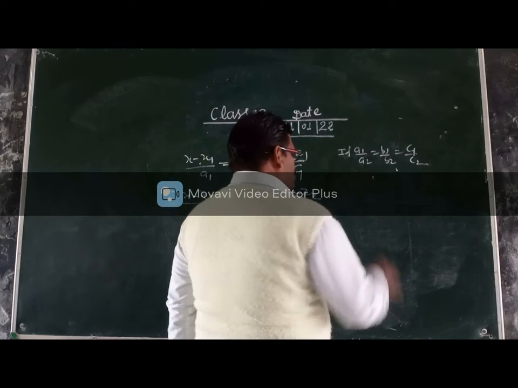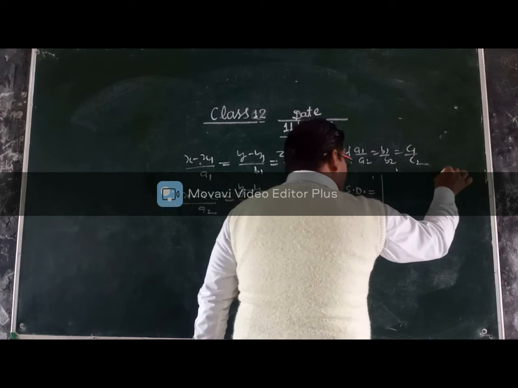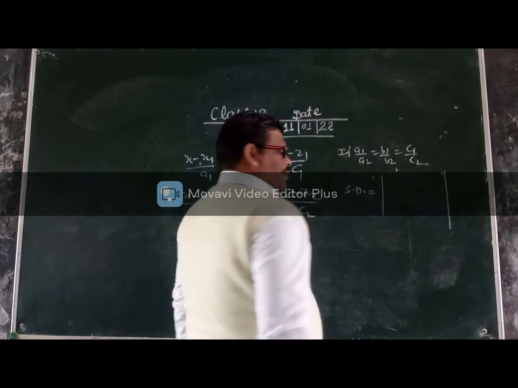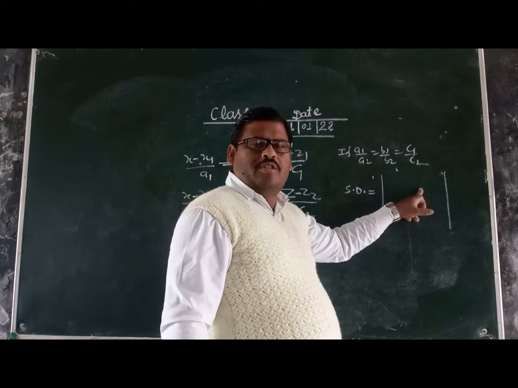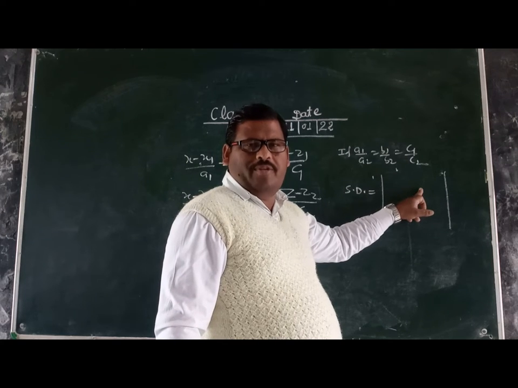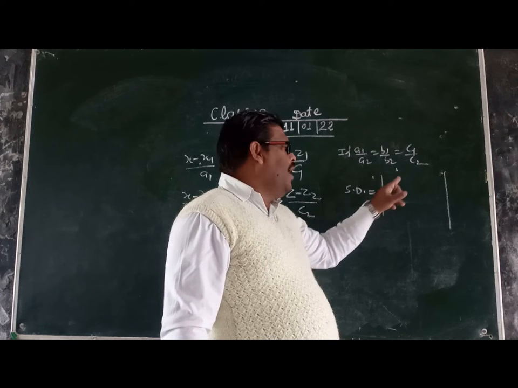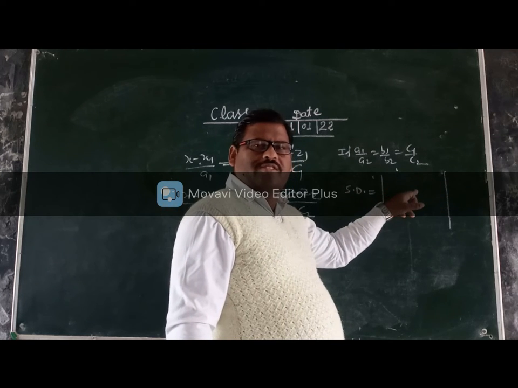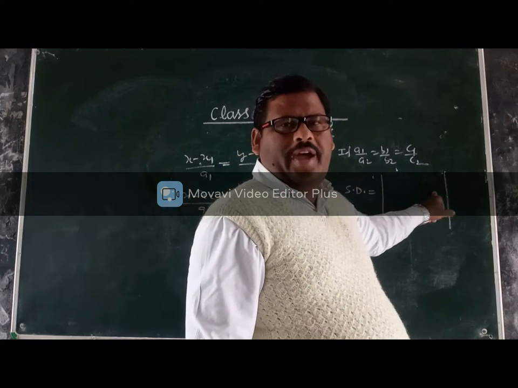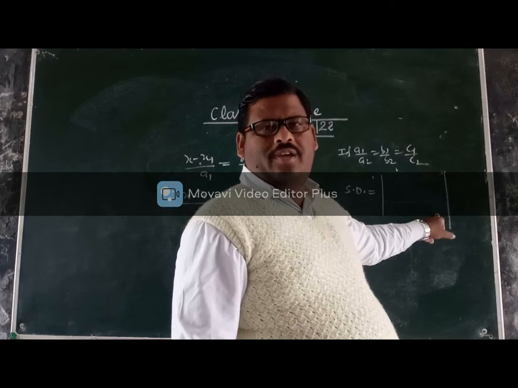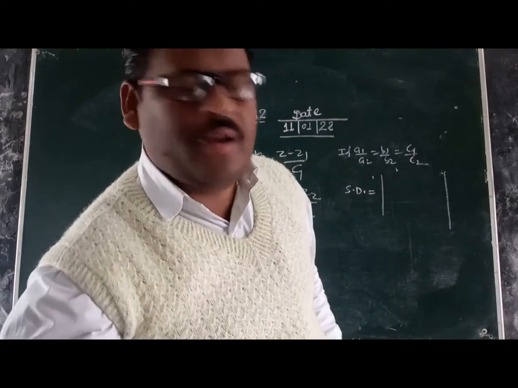Therefore, shortest distance SD is equal to the modulus of the cross product of b1 and a2 minus a1. You can find the determinant of i, j, k; x2 minus x1, y2 minus y1, z2 minus z1; and a, b, c, and taking the modulus, you can find the shortest distance between the lines.